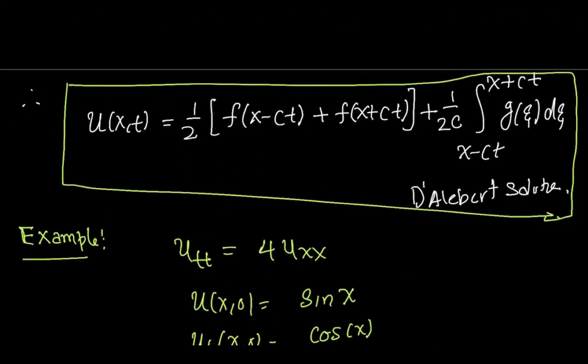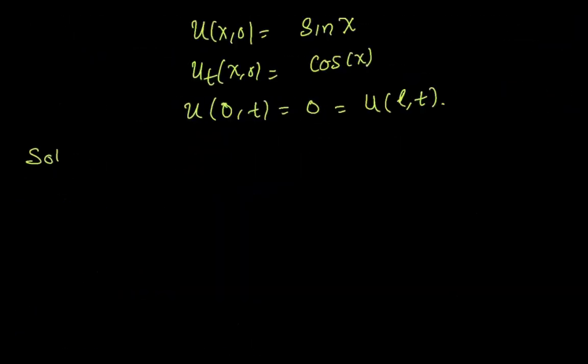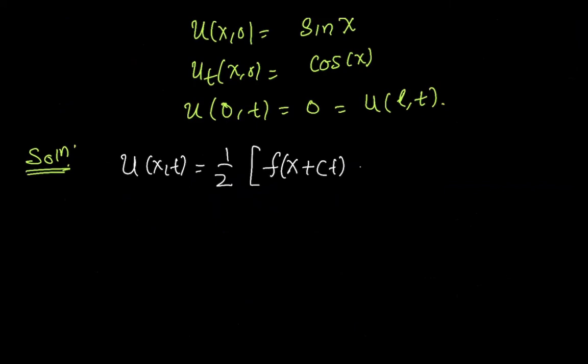Okay, so the solution is simply this: u(x,t) is equal to 1/2 f(x+ct) plus f(x-ct). This is the initial profile. So basically, the initial profile breaks into two pieces, telling us that the initial profile has two shapes. It's going to break into two pieces of half the height.